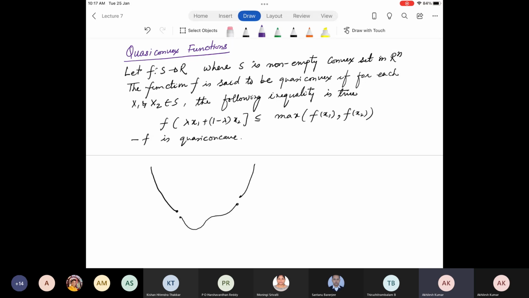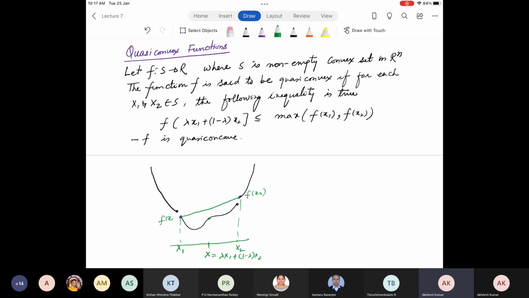So if you take any 2 points, suppose I take a point on this side and this side and connect them, this is my x1, this is my x2. So suppose some x which is lambda x1 plus (1 minus lambda) x2.